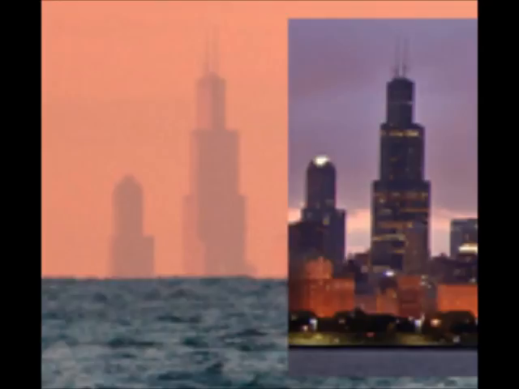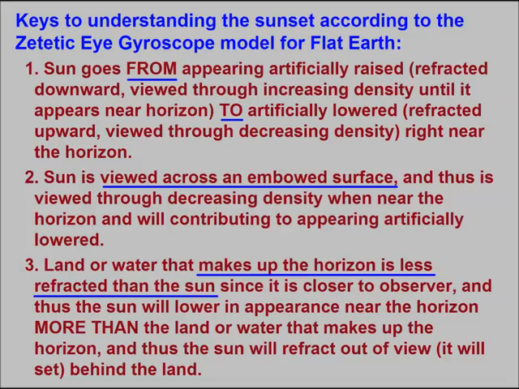But also with the land or water that makes up the horizon, where further in the distance more refraction occurs, and progressively objects are refracted more and more, appearing artificially lowered more and more across the embowed Earth plane below the zero angle, where objects closer in the distance will block out objects further in the distance as the objects further are lowered.